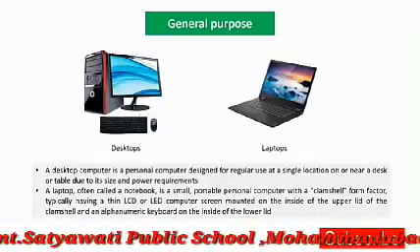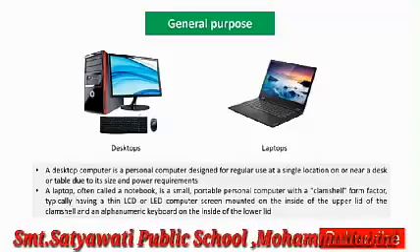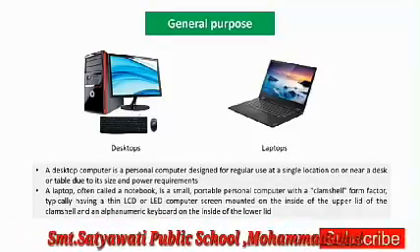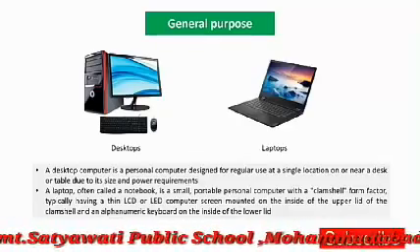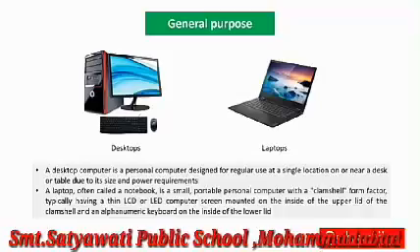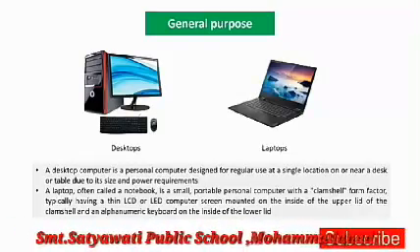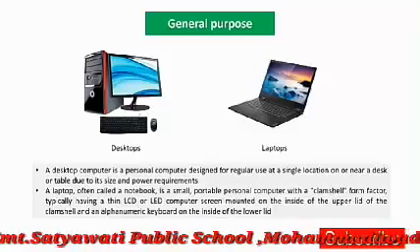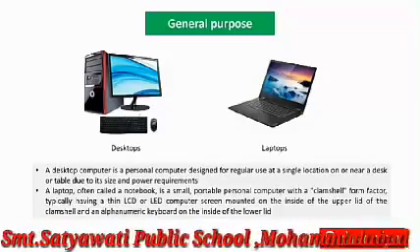You can use social networking websites, access a website, and do so many other things. We can also play a video game, isn't it? So it is basically meant for general work, and it is categorized as a general purpose computer. So the word general, understand it. That's the general purpose computer.